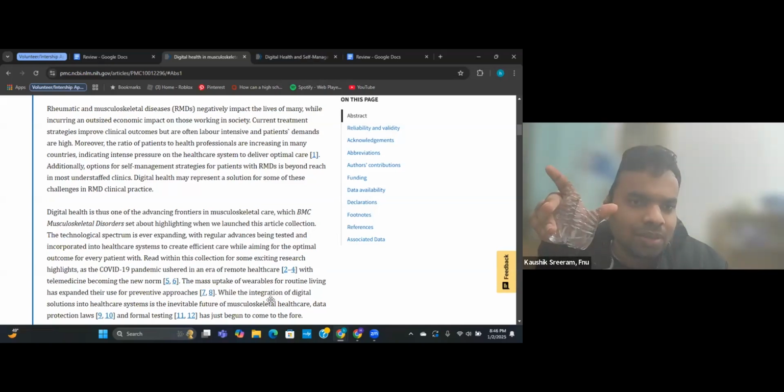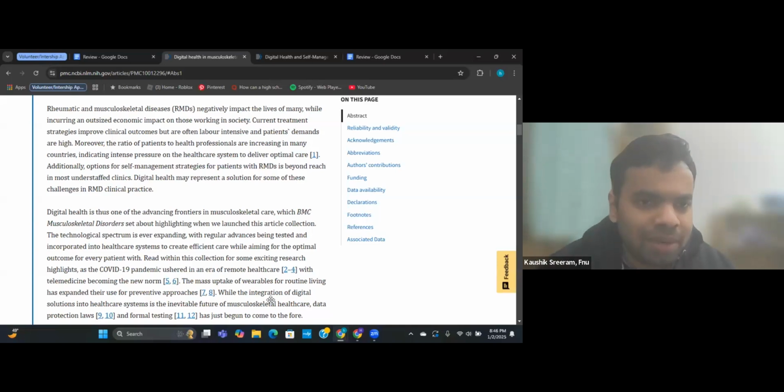They're explaining how the disease affects the person, the economic impact, and then they've told about the current strategy. I think we've addressed that later. And they're telling with respect to... look at this, I like this format.